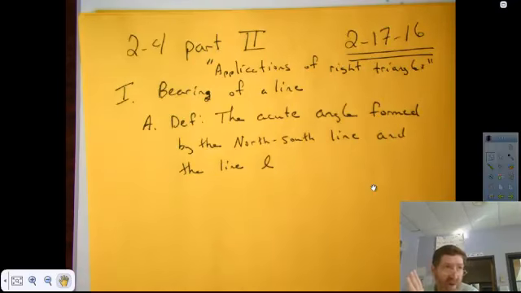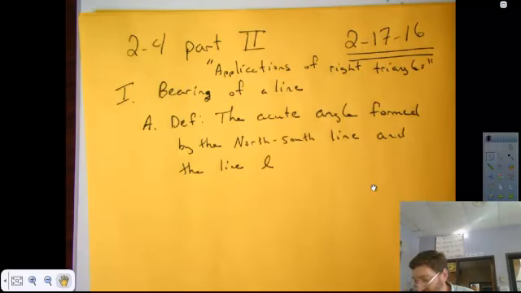So every angle based on your compass comes from either north or south, and then it rotates towards the east or west. So, the acute angle formed by the north-south line and the line L.